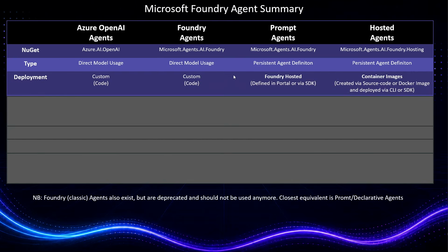Deployment, well, it is custom code, so you can deploy it anywhere: in Internet Information Server, on your local machine running F5, in an Azure Web App Service, or a container app. You can put it anywhere in the world. Foundry agents, exactly the same. It's just in-memory code.